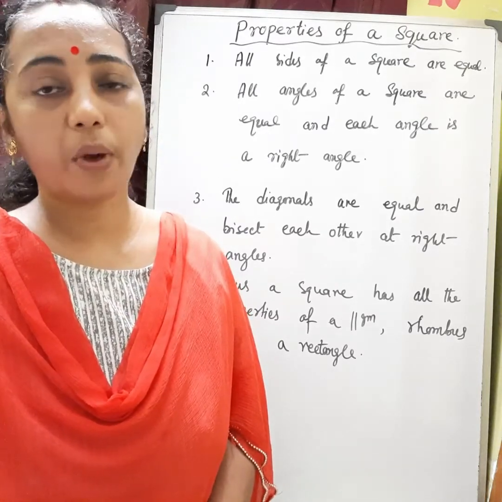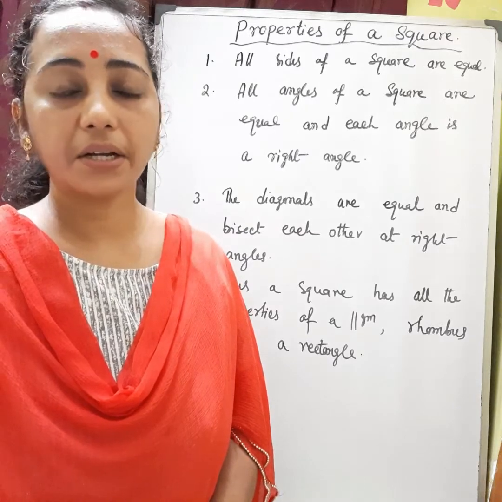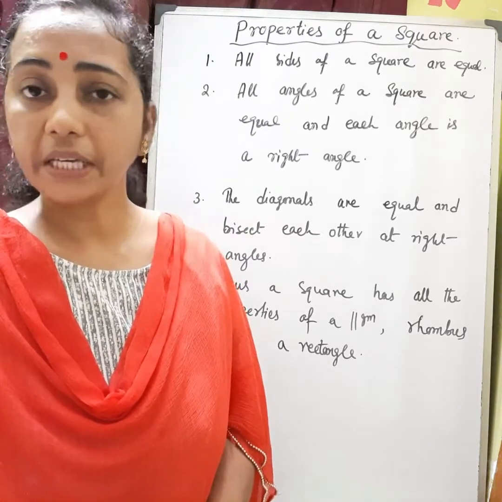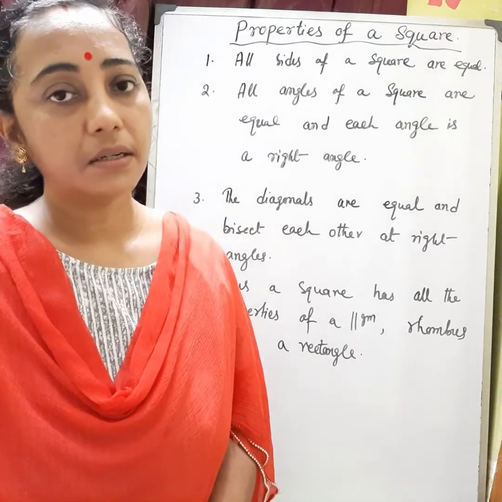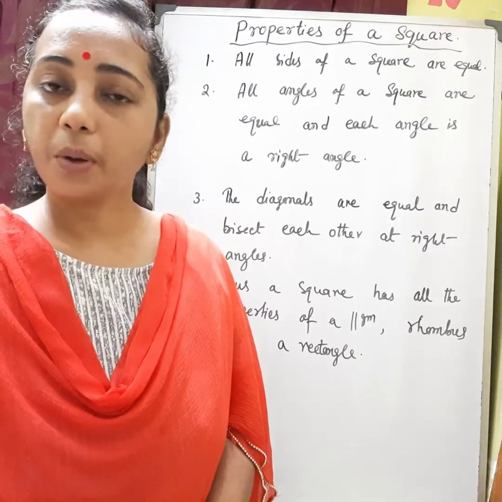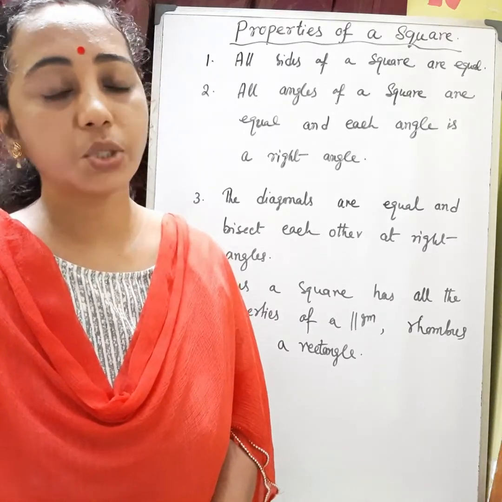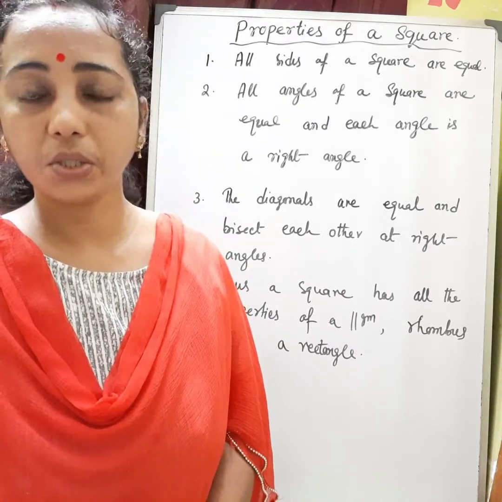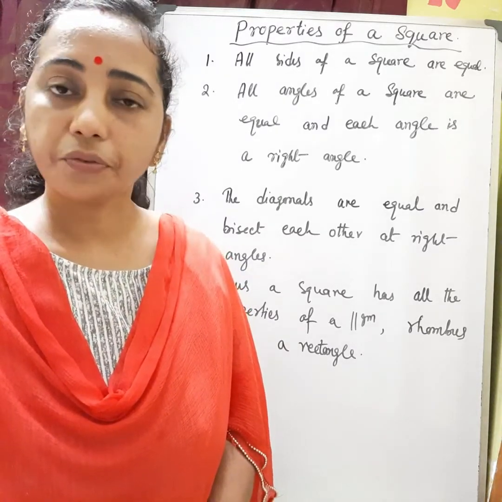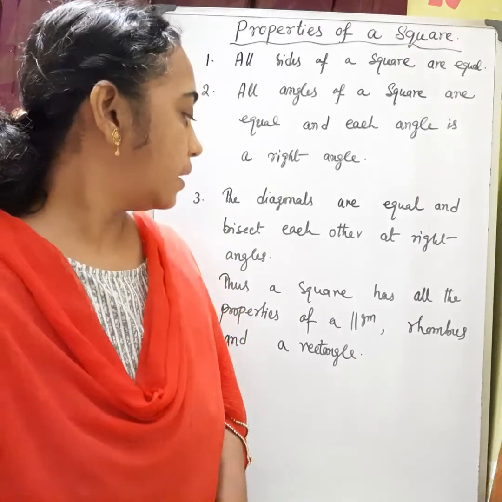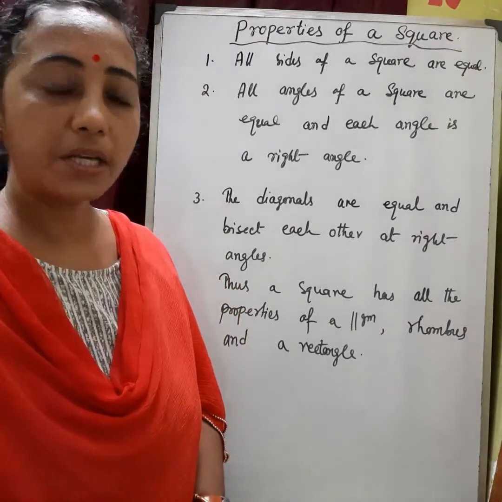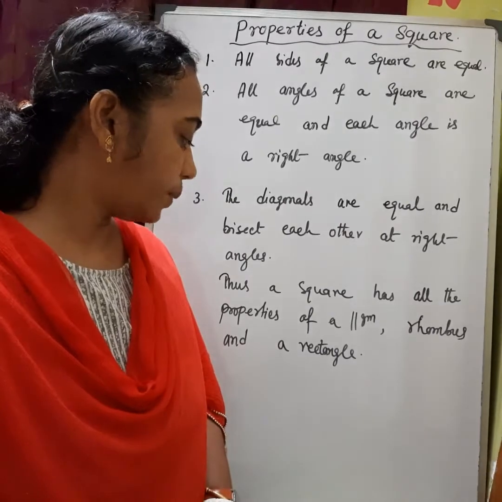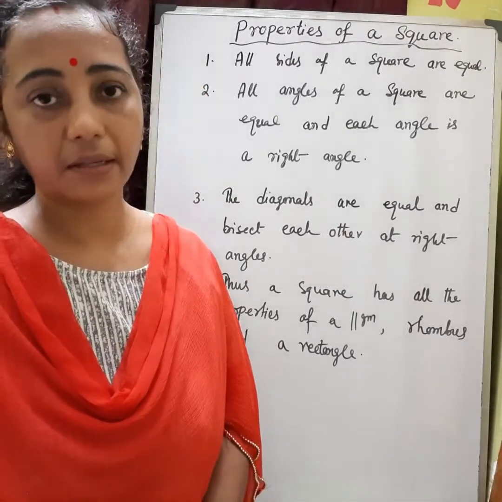Also in a square, all angles are equal and the measure of each angle is a right angle. So from this we can say that every square is a rectangle, so it has all the properties of a rectangle. So from this we can conclude that a square has all the properties of a parallelogram, rhombus and a rectangle.